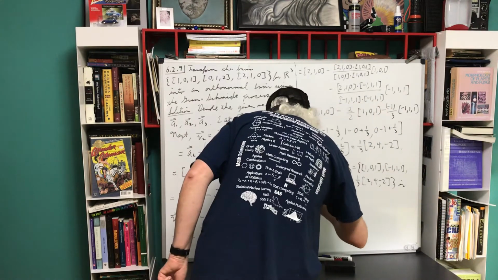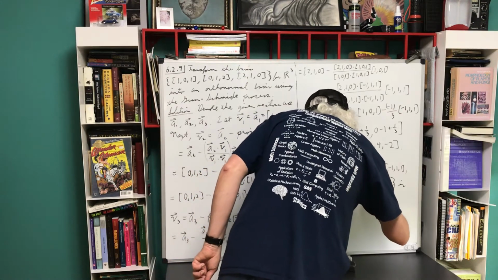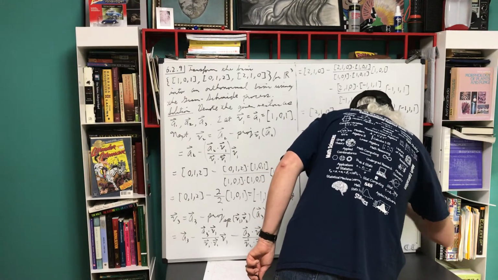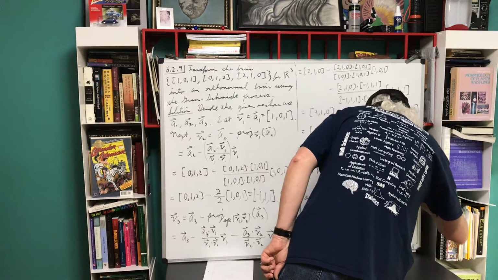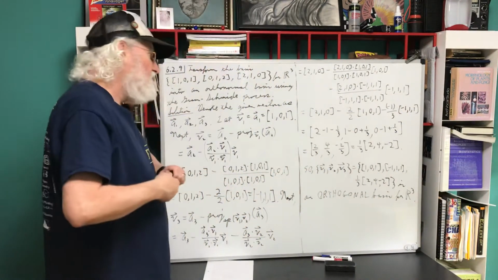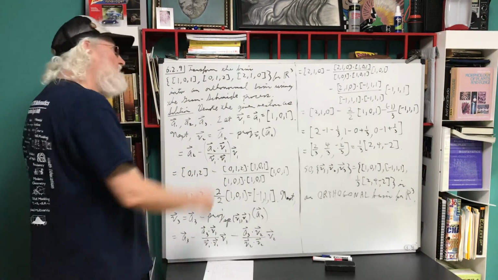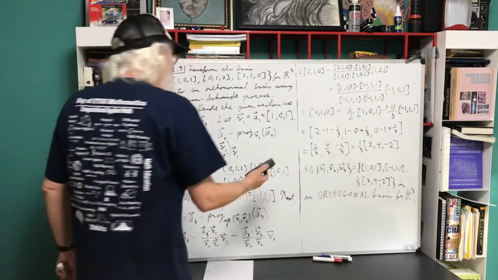This is an orthogonal basis for the space we started with, and we started with the space R3. But that's not the entirety of the Gram-Schmidt process. We've created an orthogonal basis. We wanted an orthonormal basis. Okay, all we've got to do is normalize those vectors.